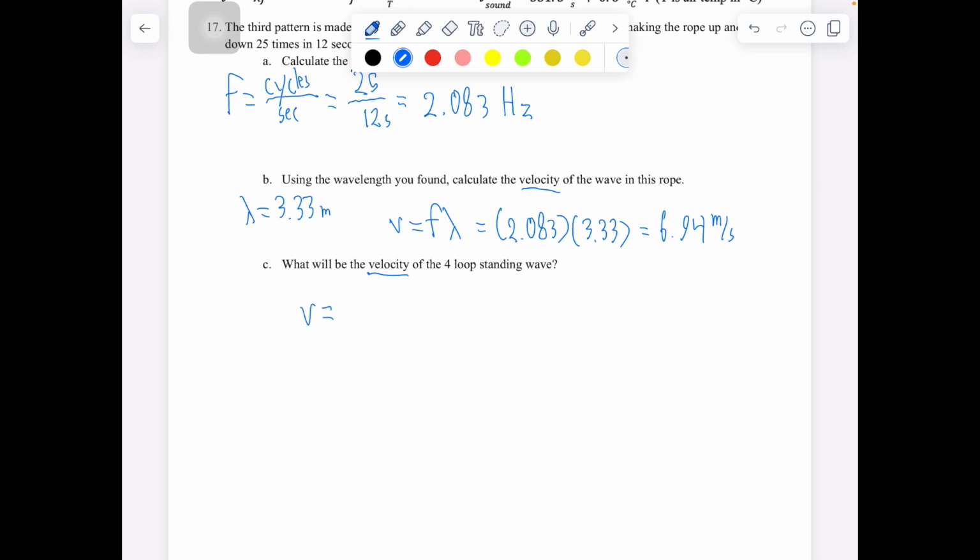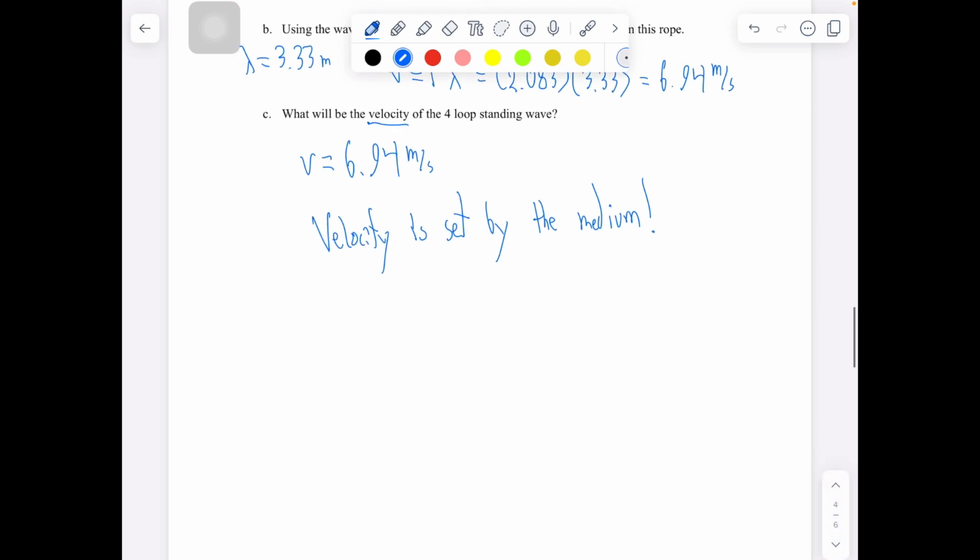That velocity will still be 6.94 meters per second because velocity is set by the medium. So no matter how many loops you make on this same spring, it is going to travel at the same speed.